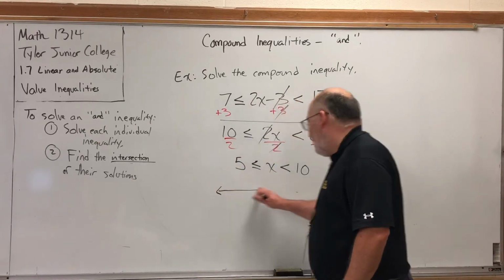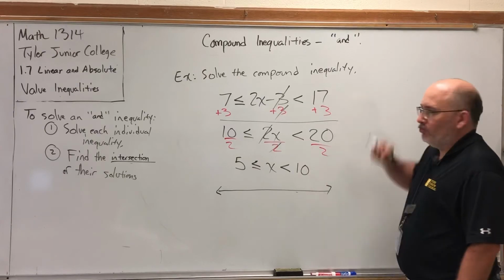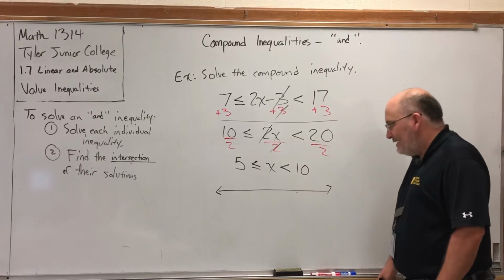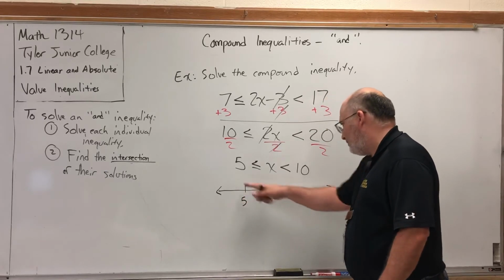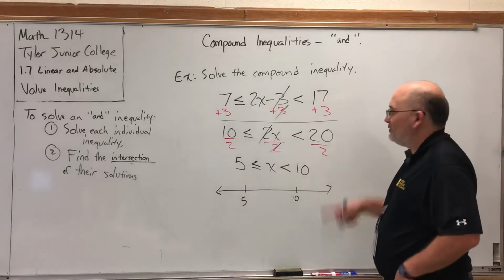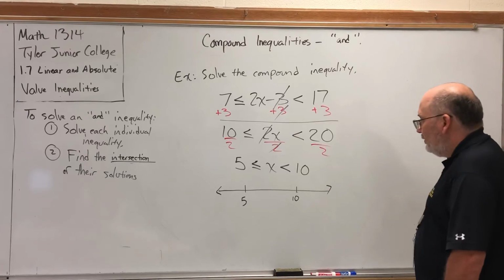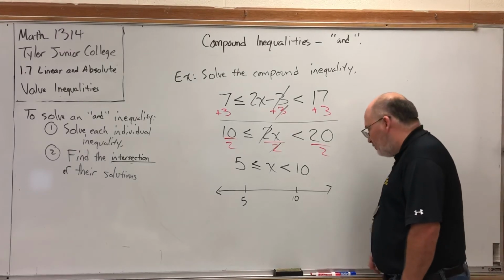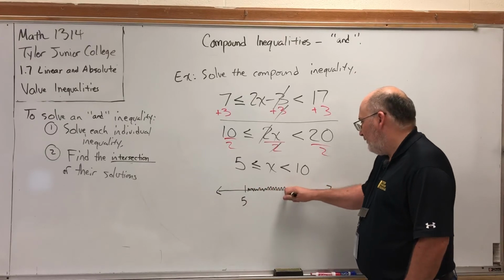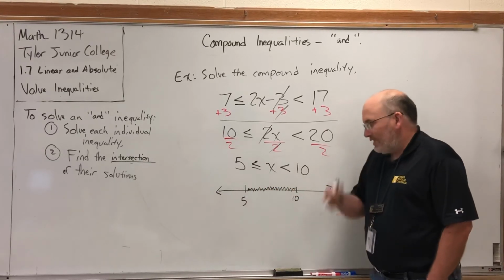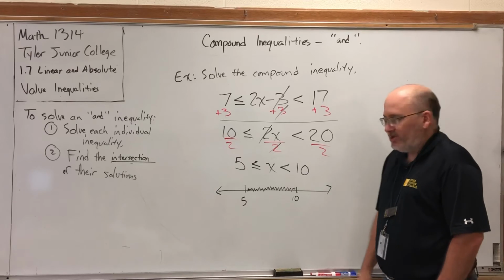But the number line for the solution to a run-on inequality is easy. Write your two numbers. They should be less on the left, greater on the right, otherwise we have a problem. The x is literally between the two numbers, so we're going to shade between the two numbers. Shade from 5 to 10. And make the same decisions about brackets and parentheses.